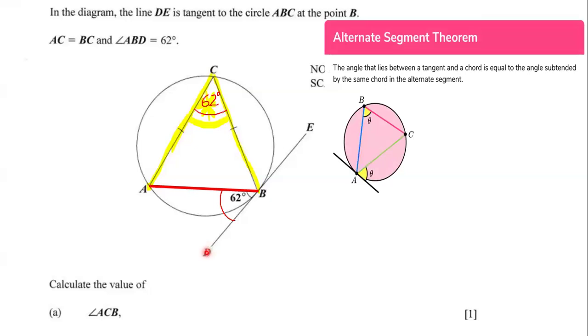The angle between the tangent line and the chord is 62 degrees, so that's going to be equal to this angle subtended by the same red chord, because the legs of this angle rest on this red chord. So if this is 62 degrees, this angle right here must be 62 degrees because of the alternate segment theorem. And so the answer here is 62 degrees.